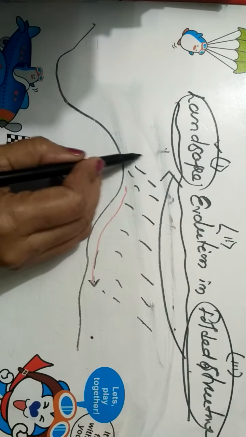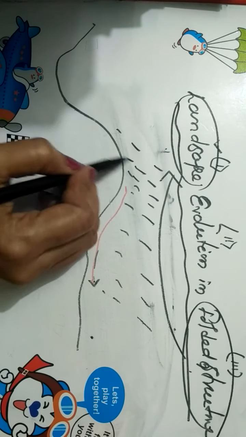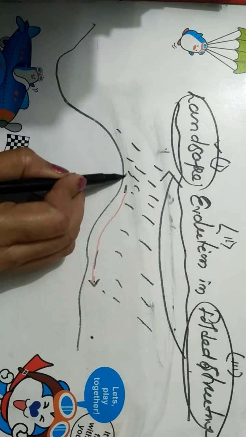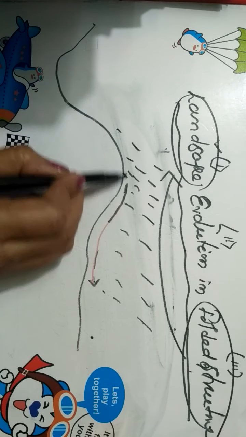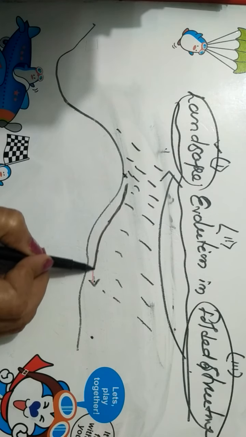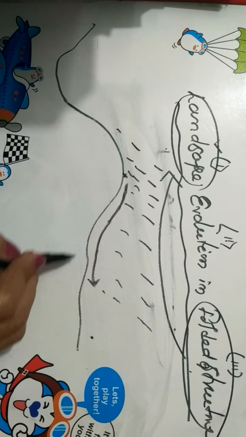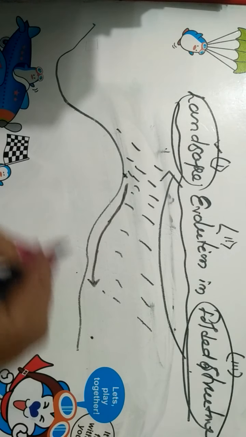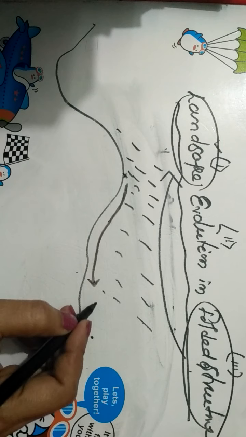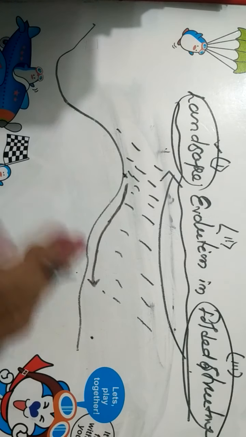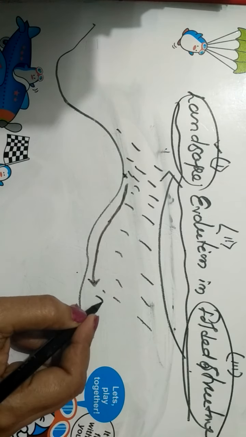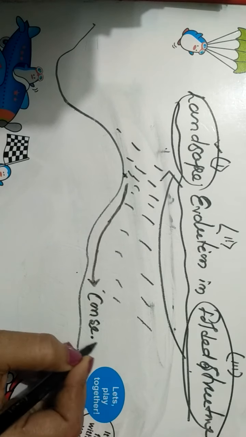Here it's a humid climatic condition, and raindrops accumulate here and flow down the natural slope. This kind of surface runoff is called a first order stream, also called a consequent stream.